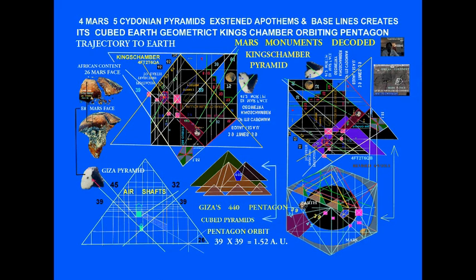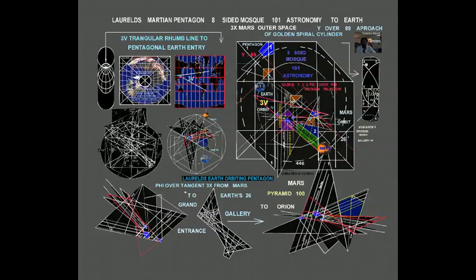Now we have 3, 5, 6 in numerics and astronomical calculations of distances across space. This 3, 5, 6 relationship in the pyramids and Pentagon is also connected with phi, P-H-I.